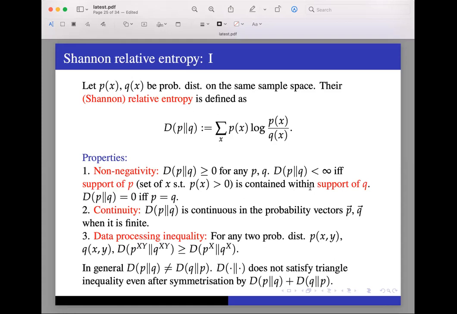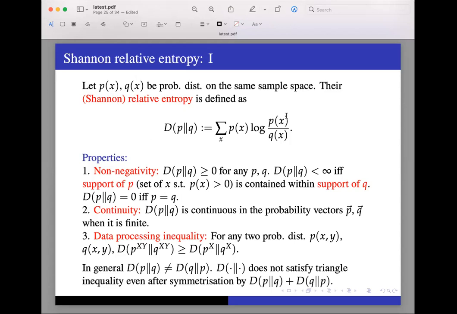Okay. And what may not be immediately clear is that this quantity is 0 if and only if P is equal to Q. Note that this random variable can be both positive and negative, because there can be sample points x where P(x) is larger than Q(x), but there will also be sample points x where P(x) is less than Q(x). It can also be 0 if P(x) is equal to Q(x). So this random variable takes all real values.